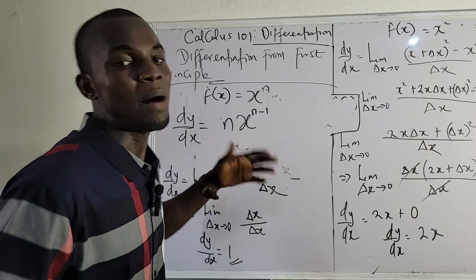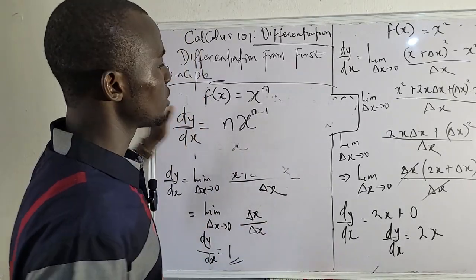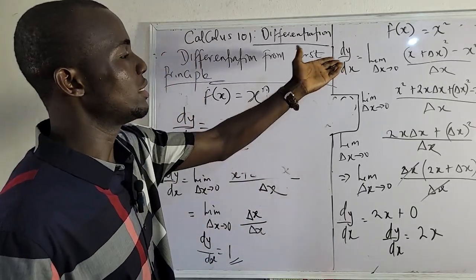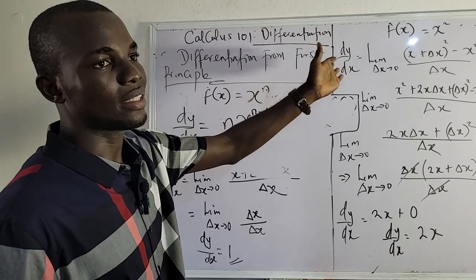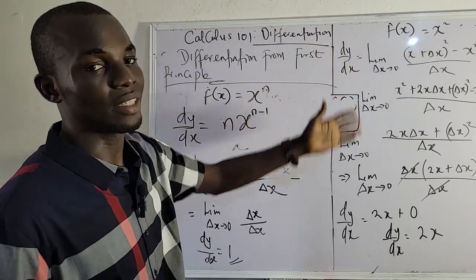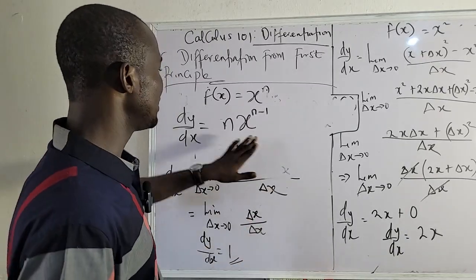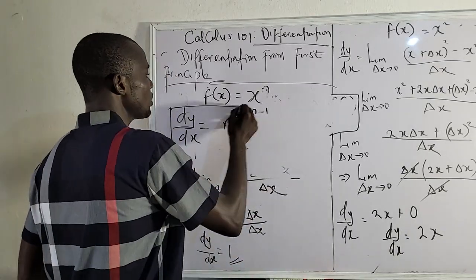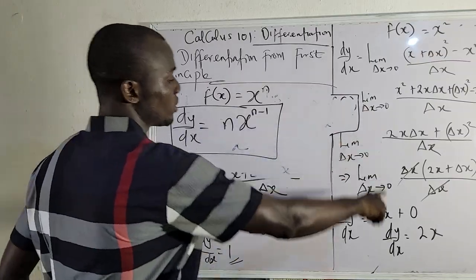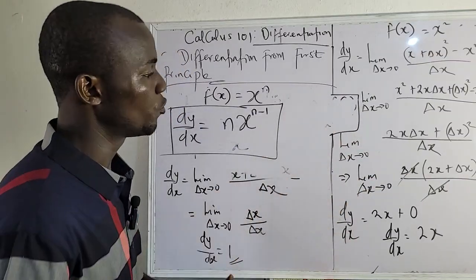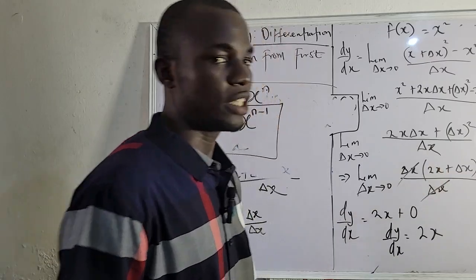This is called the power rule. It works for this simple quadratic expression, polynomials, and the rest. This actually works easily. All right, so this is the generalization of what we have shown from the first principle.